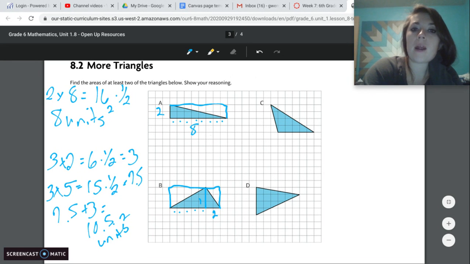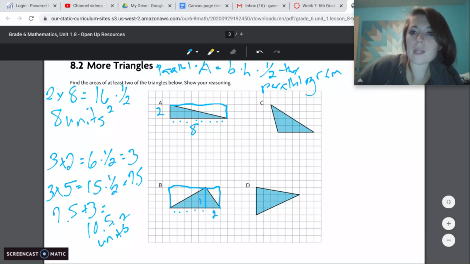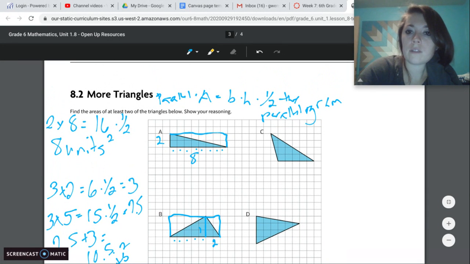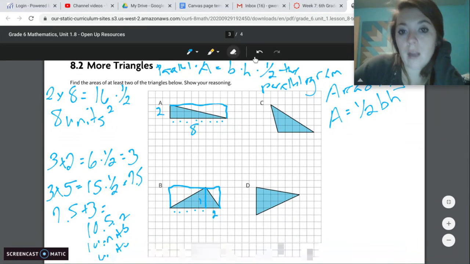If our area for a parallelogram equals base times height, and a triangle is half the parallelogram, our formula then for area of a triangle is: area equals 1/2 base times height. So once again, we need the perpendicular height though.